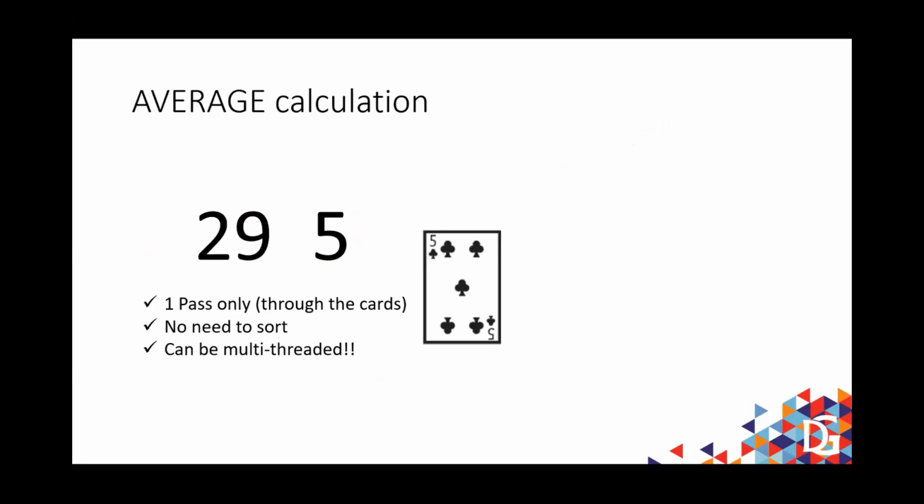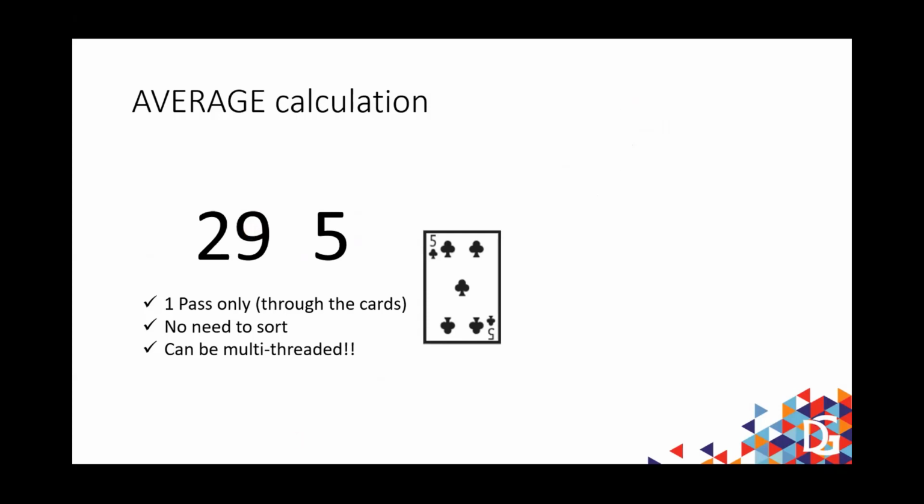So our result is going to be 29 divided by 5, which is a relatively cheap operation at the end of the scanning of the cards. So we only need to do 1 pass through the cards, which is a good thing. We didn't need to sort the cards again, so that's quite helpful to know.